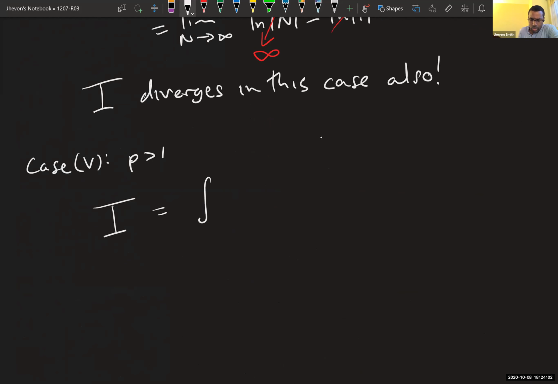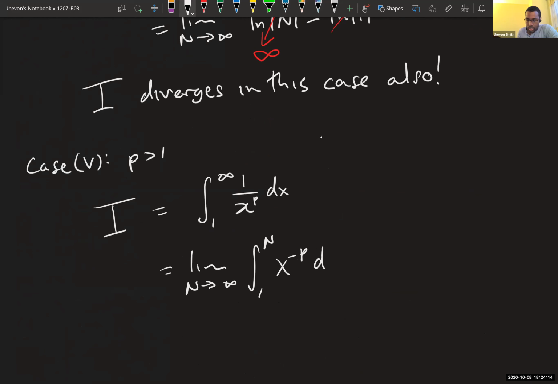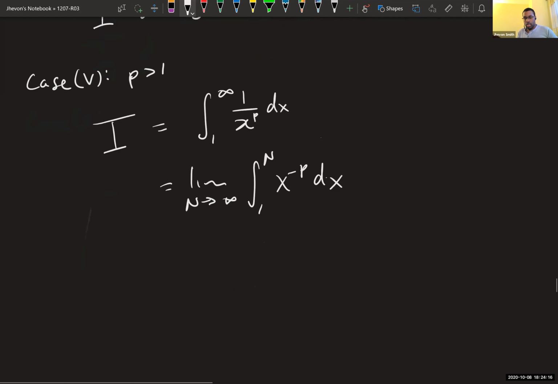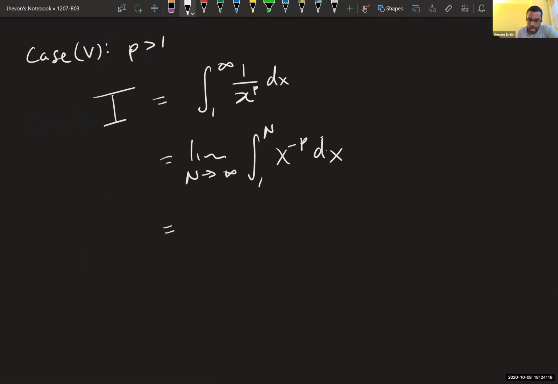So then our I is the integral from 1 to infinity of 1 over x to the p dx. So this is the limit as n approaches infinity of the integral from 1 up to n of x to the minus p dx. I can add 1 to the power, divide by the new power.